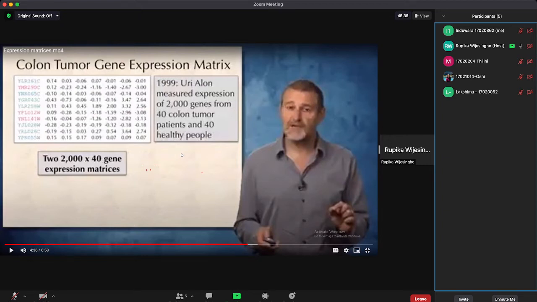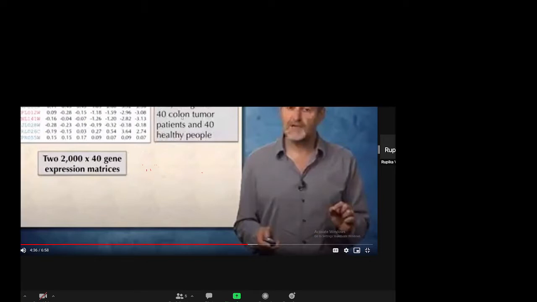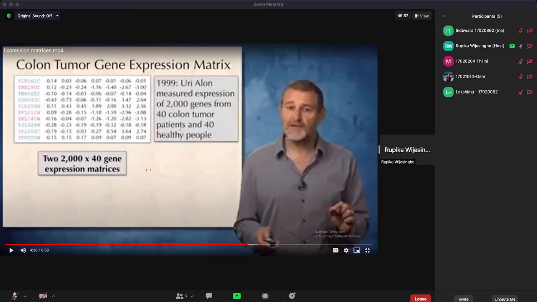So you can take expression in the cancer cells and the normal cells. In 1999 it might have been done this way: 2000 genes from 40 colon tumor patients and 40 healthy people.